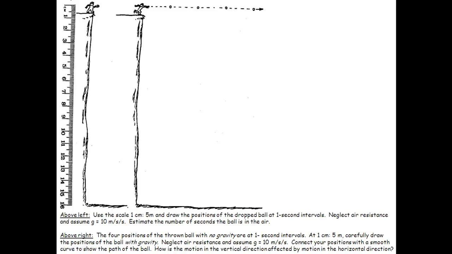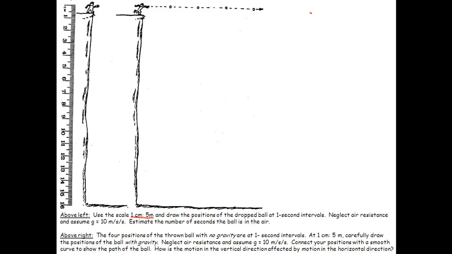So let's put this together. If we look at the guy on the right, and we were to scale this so that every second we were to place the ball where it's at, and we know the scale, per the instructions down here, 1 centimeter is 5 meters. We could certainly draw the positions.